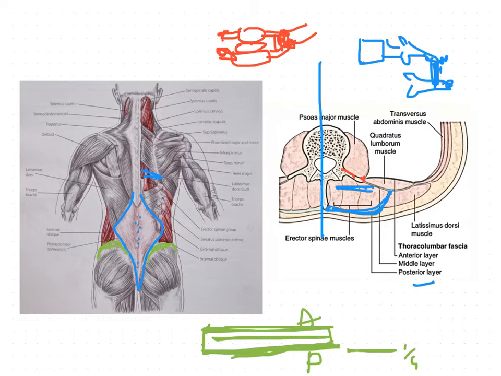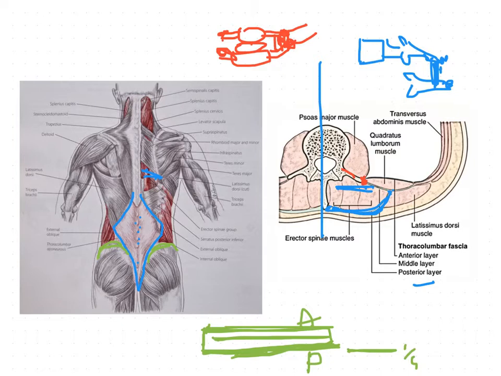For that reason, the superior attachment continues on the back of the thorax, and also the angles of the ribs. So the middle layer is attached to the tips of the transverse processes and also the intertransverse ligaments of all the lumbar vertebrae.